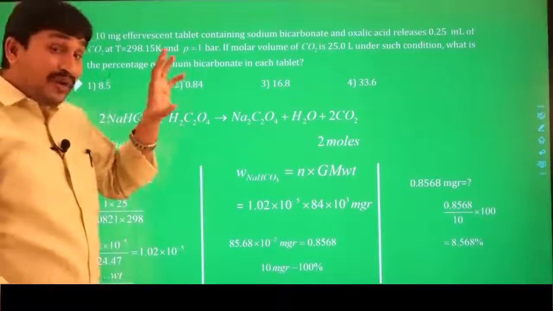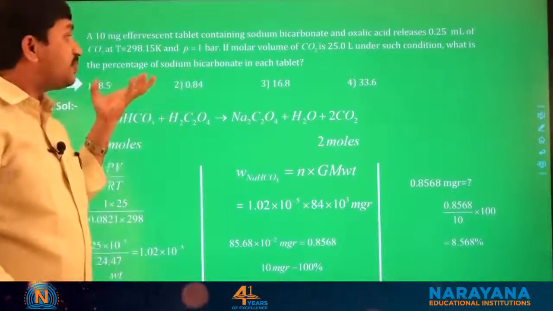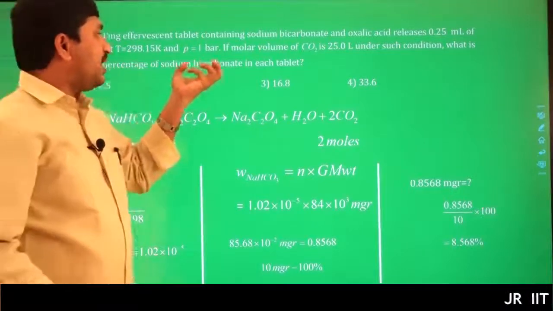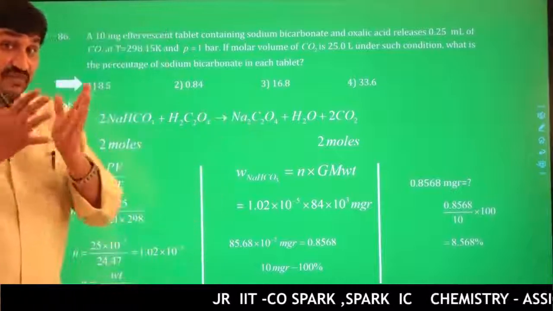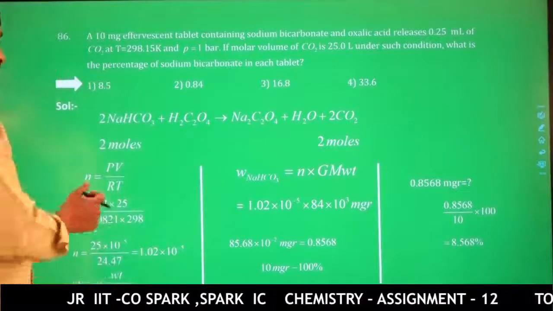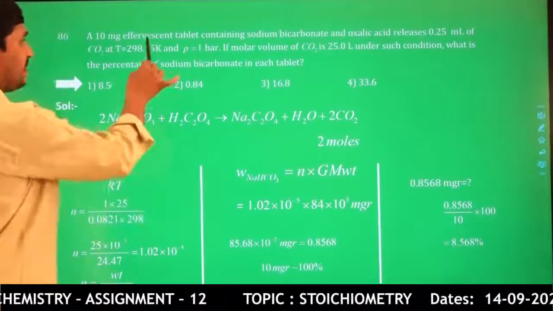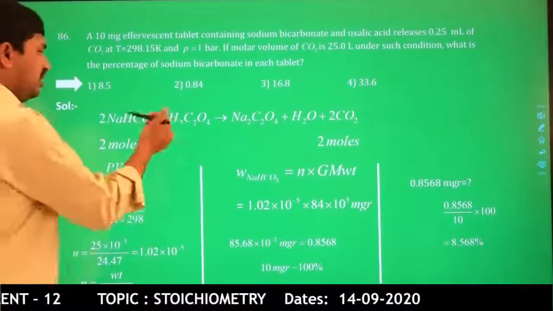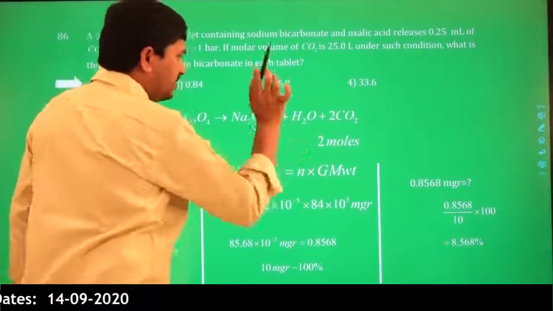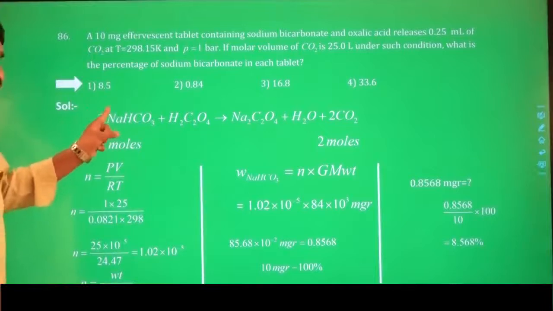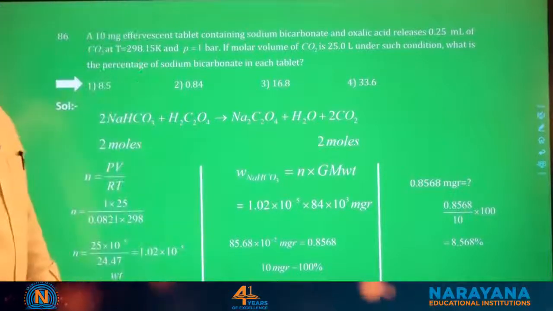In this case, what percentage of sodium bicarbonate is present in each tablet? Because the CO2 gas is released from sodium bicarbonate only, since sodium bicarbonate and oxalic acid are both present in this tablet. When they undergo reaction, the products are sodium oxalate, water and CO2. That means 2 moles of sodium bicarbonate are consumed and 2 moles of CO2 are formed.